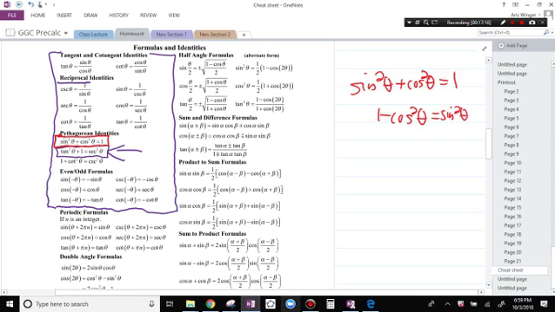So making those switches is important. Whenever you see 1 minus cosine squared, you have to think, oh wait, that's sine squared. You may not want to change it, but you should always have it in your arsenal. And that's true for all of these. When you see secant squared minus 1, you should always think, well wait, that's tangent squared. And in general, when you see secant squared, cosecant squared, sine squared, cosine squared, any of those, you should be looking at these identities.